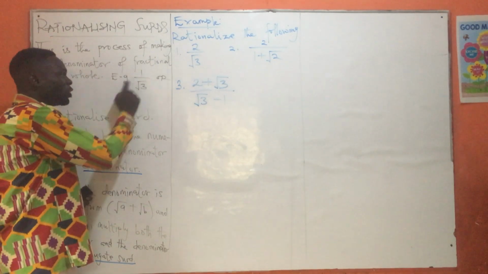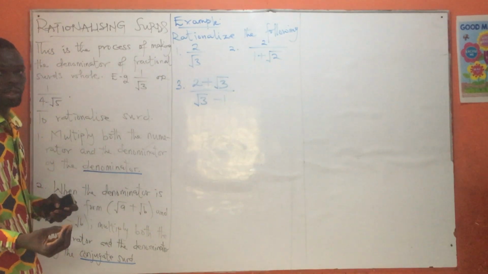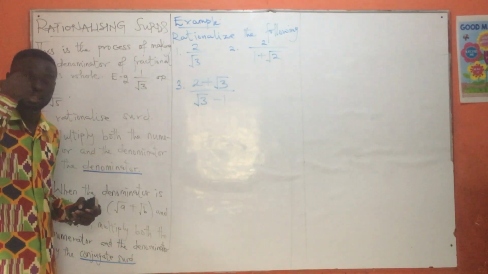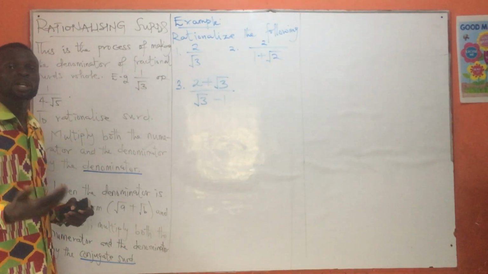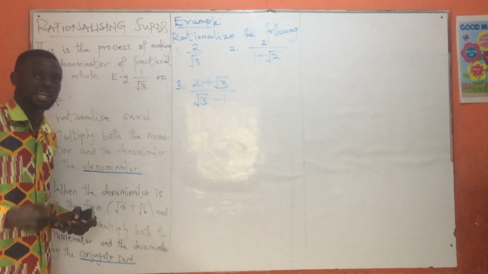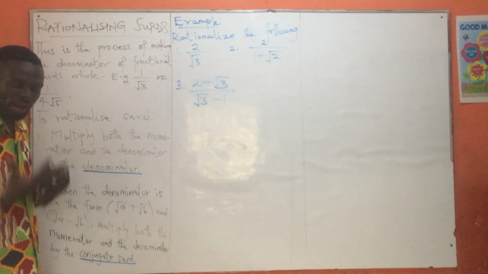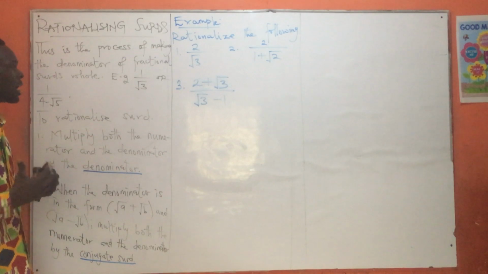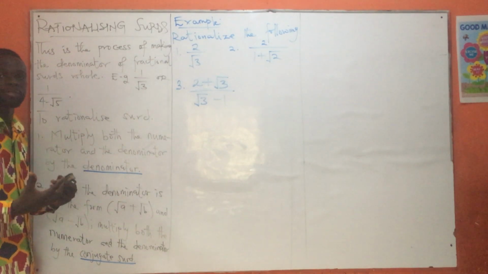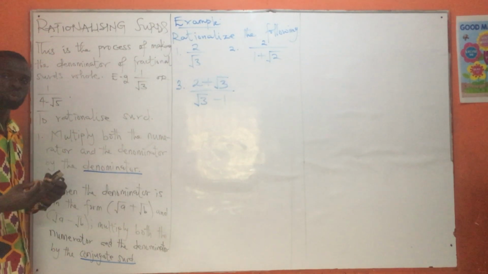We don't want the denominator to have a surd. So if the denominator is having a surd and we need to get rid of the surd, we rationalize the fractional surd. Now before we can rationalize a fractional surd, we need to know certain things.